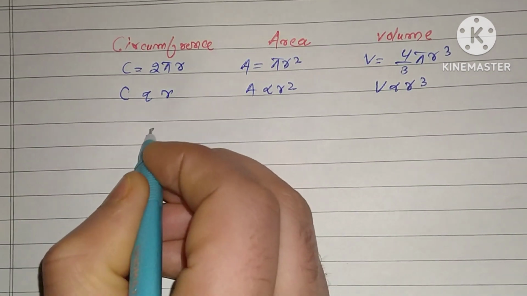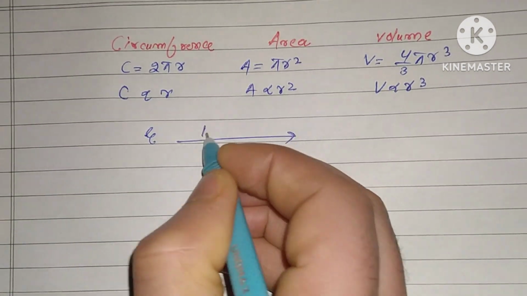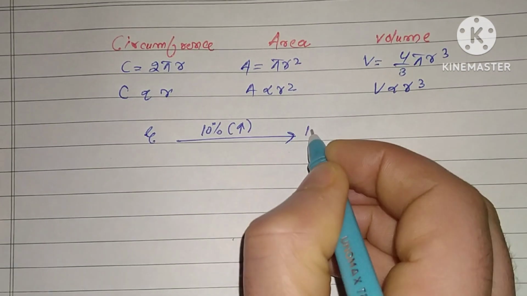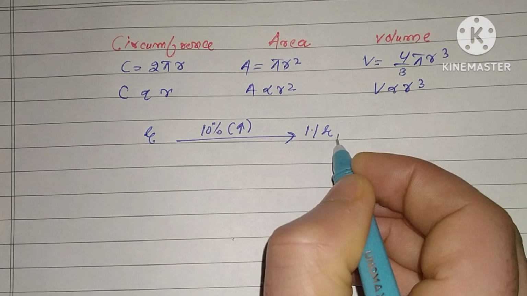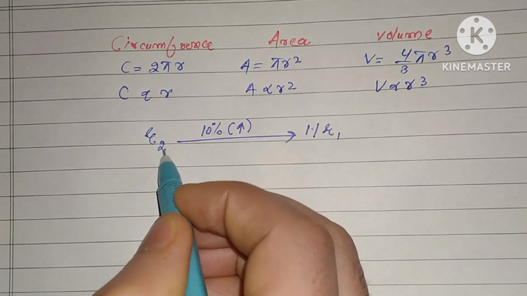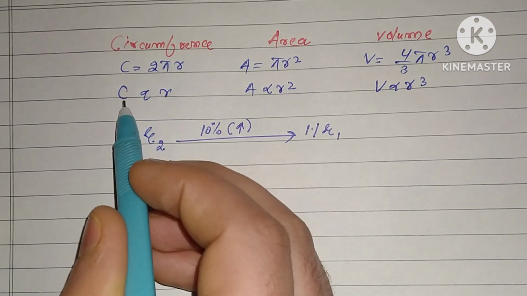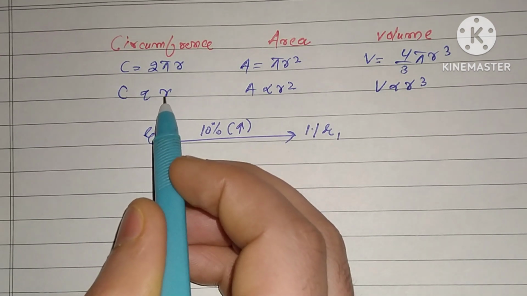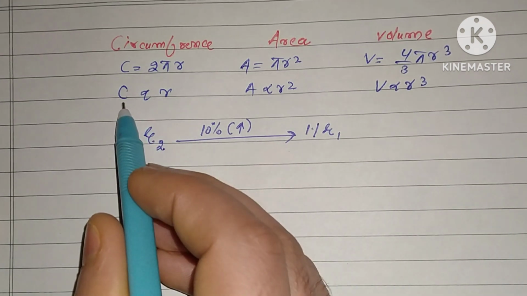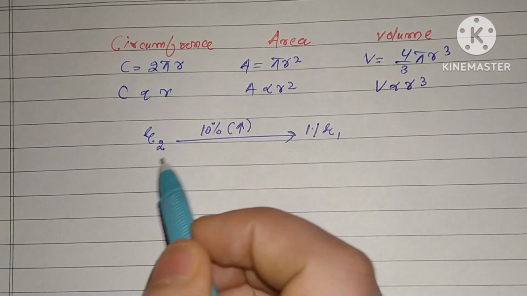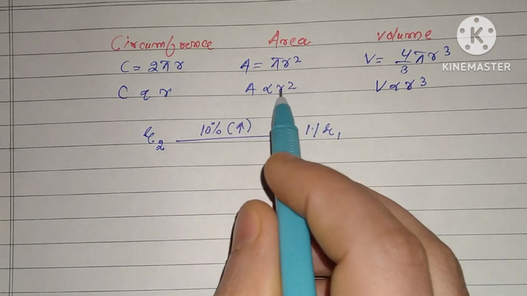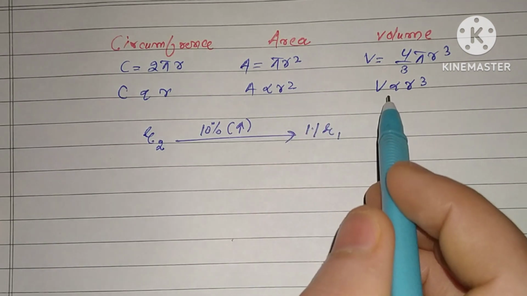If radius increases by 10%, the new radius will be 1.1 r. It is original radius and it is new radius. Now, circumference. Since circumference is linearly related with radius, if radius increases by 10%, circumference will also increase by 10%. Area and volume will not be increased by 10% because these are not linearly related with radius.